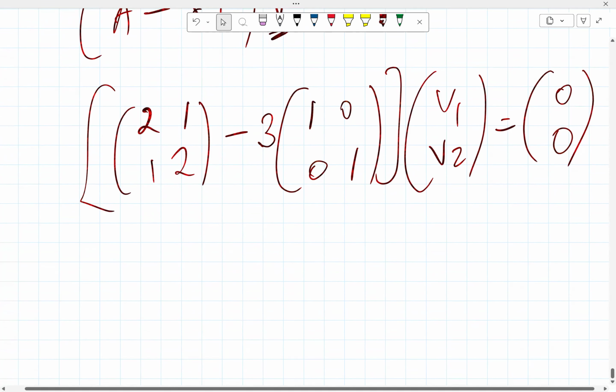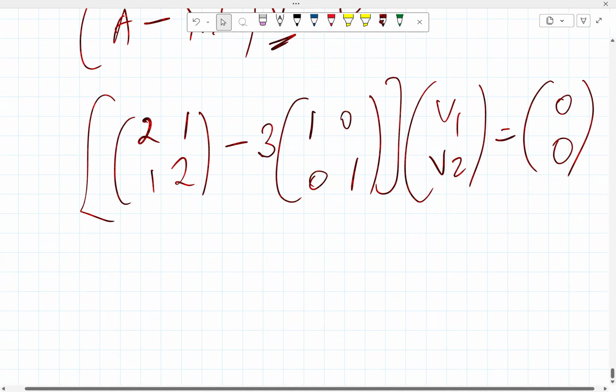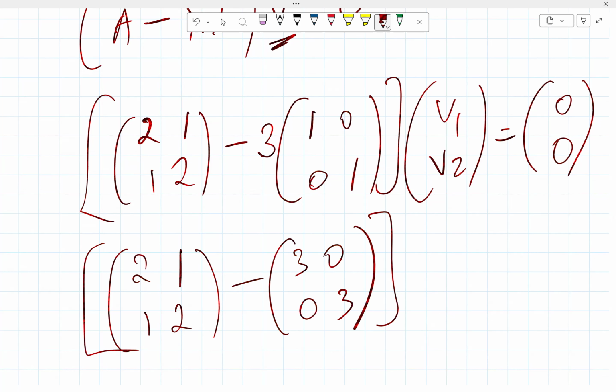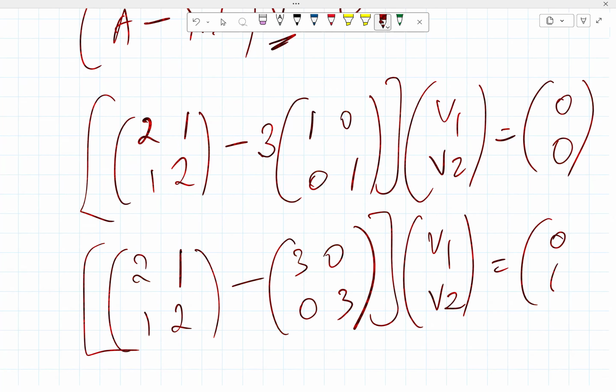So we tidy things up. We have 2, 1, 1, 2 minus 3, 0, 0, 3, multiplied by v1, v2, equal to 0, 0.